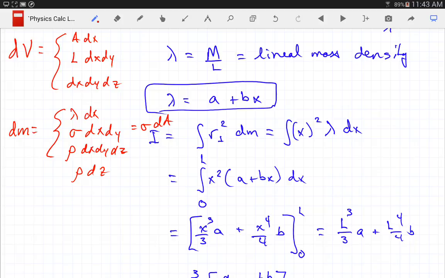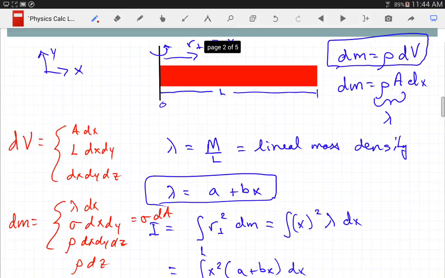So we have those three different forms for dm, depending on if I have a one-dimensional problem, variation only in one dimension, a two-dimensional problem, variation in two dimensions, or a three-dimensional problem. You can always use the three-dimensional, but if you can break it down to two-dimensional or one-dimensional, it makes your integrals easier, and you like to do that.